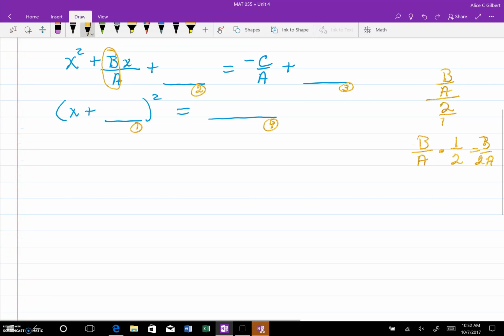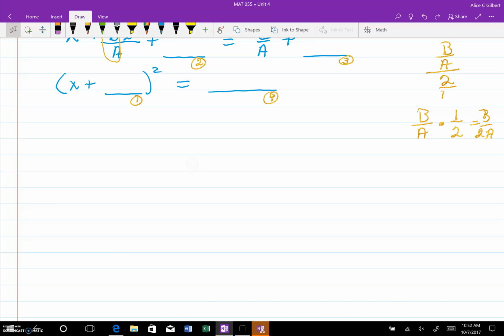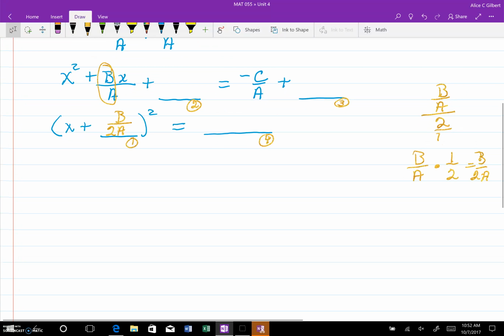So what goes in this blank is b over 2a. Okay? Now I need to take the b over 2a and square it. So b over 2a times b over 2a equals b squared over 4a squared.